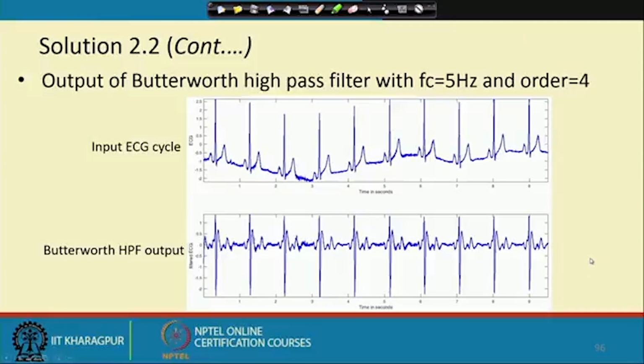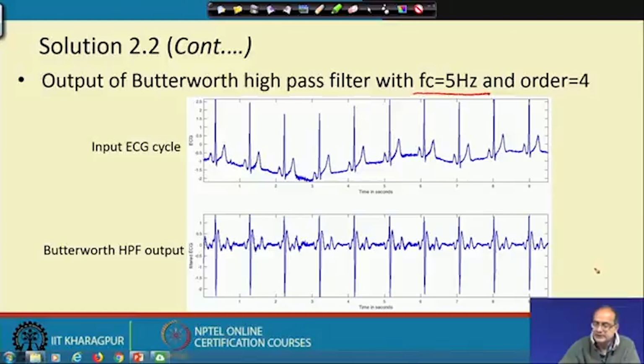Next we look at another attempt by increasing the cutoff frequency. We see the distortion has increased, and the overall QRS complex looks entirely different. Not only that, the P wave is destroyed, the T wave is destroyed.